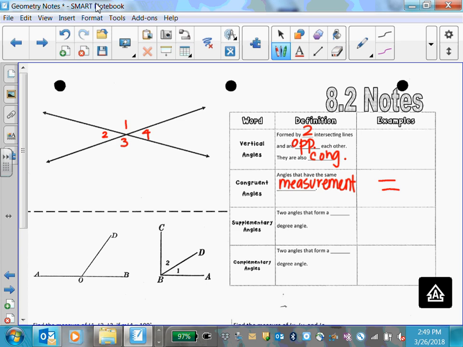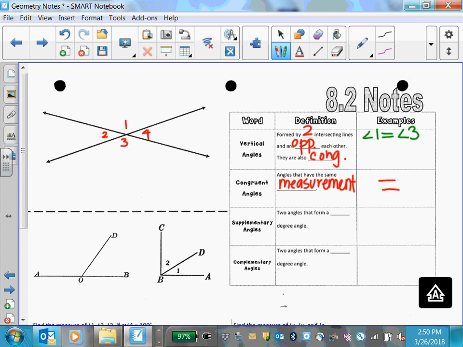Angle 1 and angle 3 are vertical because they could shake hands with each other. That's why we call them vertical. So angle 1 is congruent to angle 3 because of vertical angles. You have to be able to explain why they're equal: we know 1 is equal to 3 because of their vertical relationship.